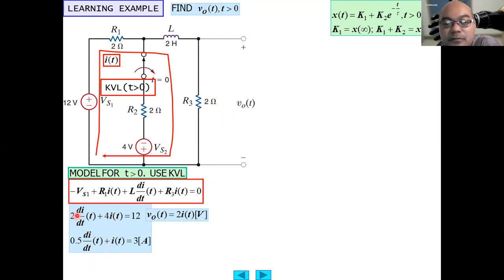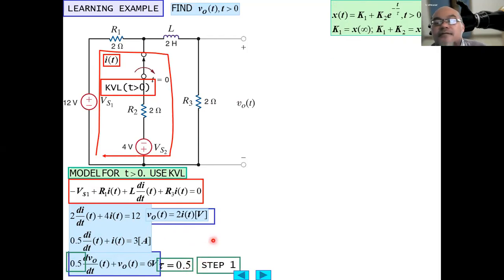This becomes 0.5 di/dt plus i(t) equals 3, since 12 divided by 4 is 3. From here we can find that tau equals 0.5.